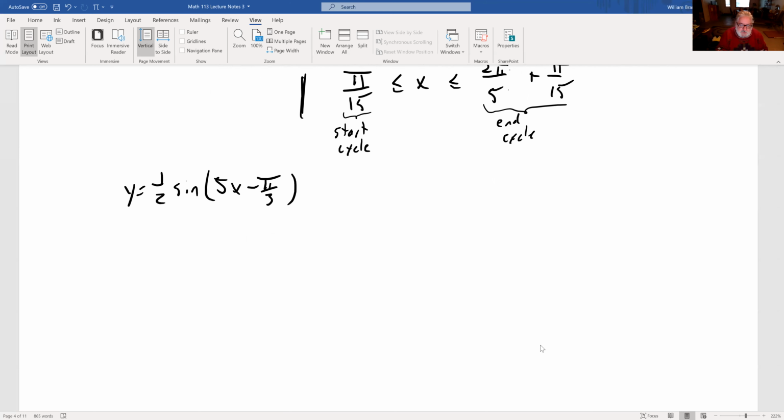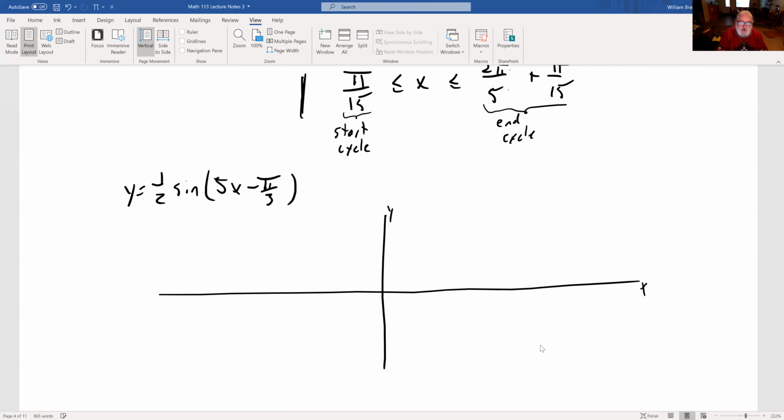So we start with an x-axis and a y-axis. We start the cycle at pi over 15, wherever that might be. And we end it at 2 pi over 5 plus pi over 15. And we'll put that over here. 2 pi over 5 plus pi over 15.